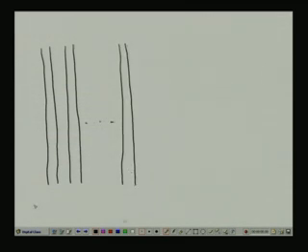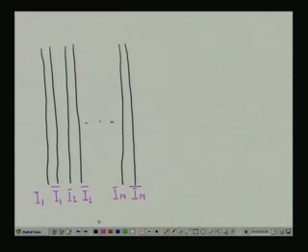If we mark them as I1, I1 bar, I2, I2 bar, up to IN, IN bar, these are 2n number of columns.